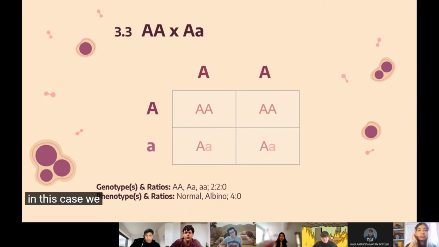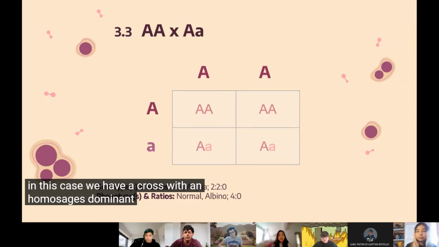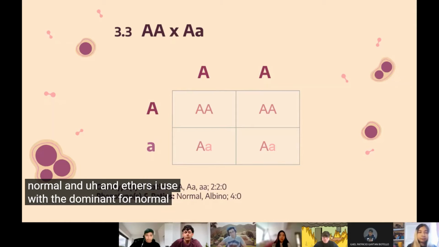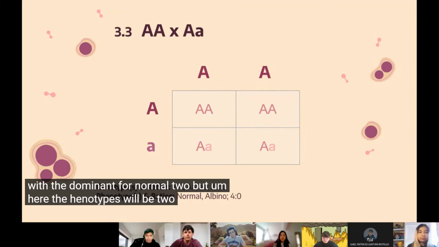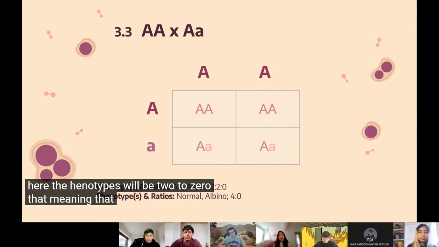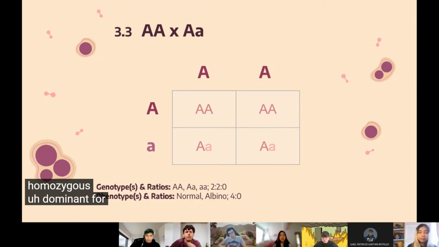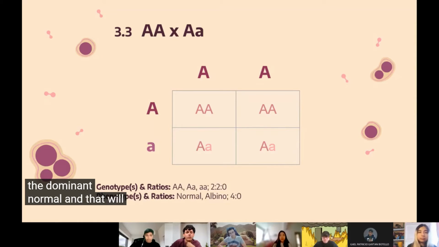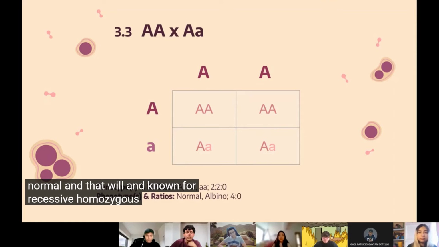In this case, we have a cross between a homozygous dominant for normal and a heterozygous, dominant for normal too. Here the genotypes will be 2, 2, 0. That means 2 will be homozygous dominant for normal, 2 will be heterozygous with the dominant for normal, and none will be homozygous recessive.